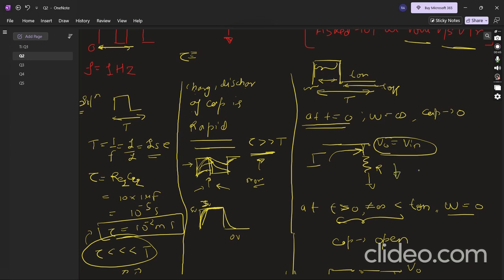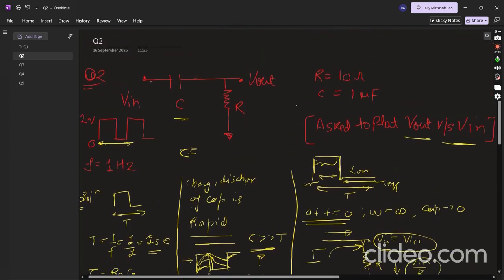It is not a constant current, it's an instant step current. So there is a current, and when we say t greater than 0, this current is flowing into the capacitor.